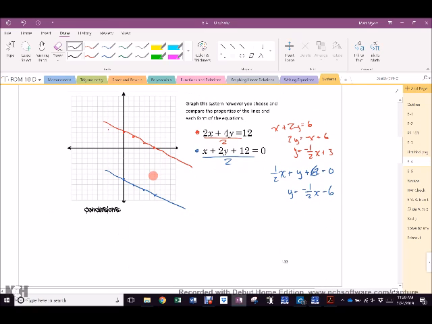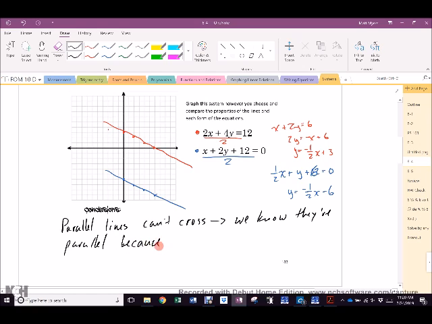Will those lines ever cross? No, why not? Right. Parallel lines can't cross. We know they're parallel. Why do we know they're parallel?